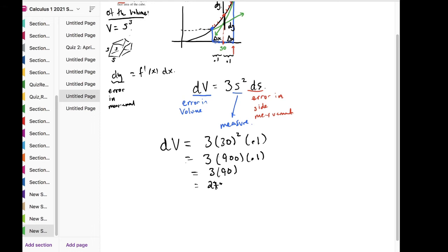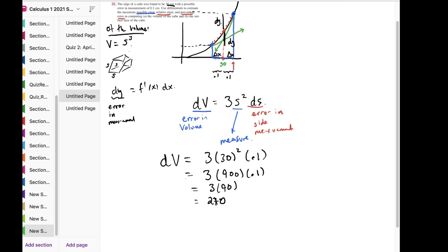And whatever units these are: centimeters cubed. So at worst, we can be 270 centimeters cubed off from the actual volume of the cube. So this is our maximum error.